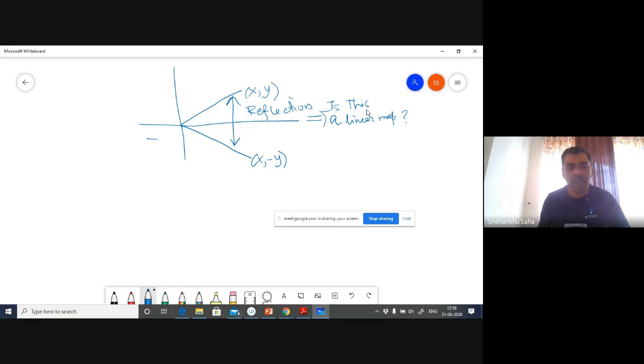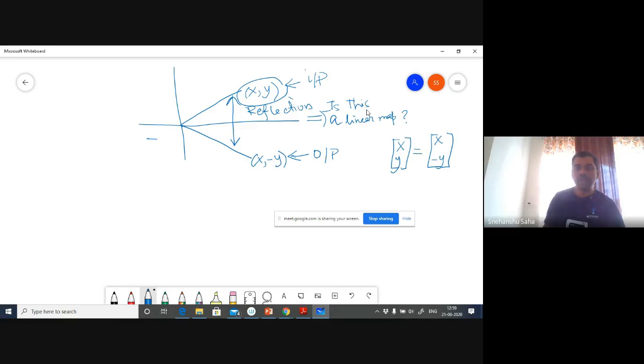So what do we want to do? This is our input, and this is our output. What I want to generate is a vector (x, -y) from another vector (x, y).